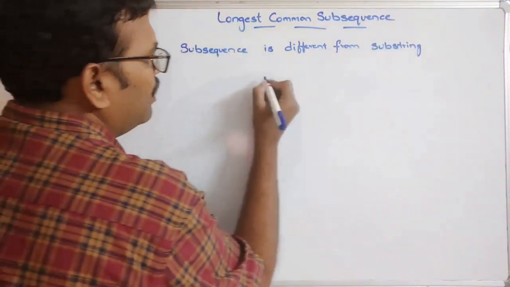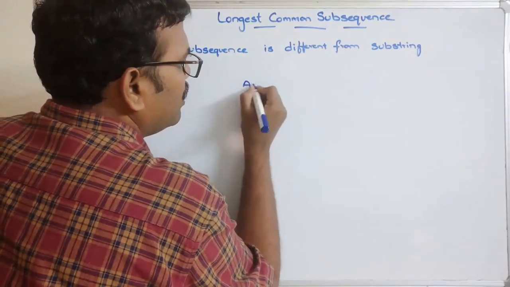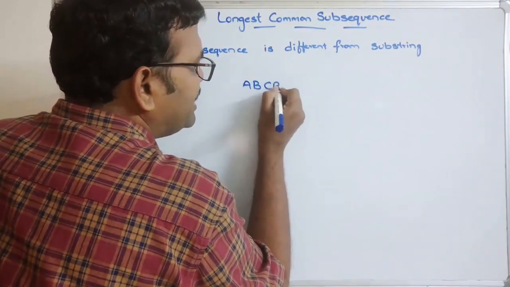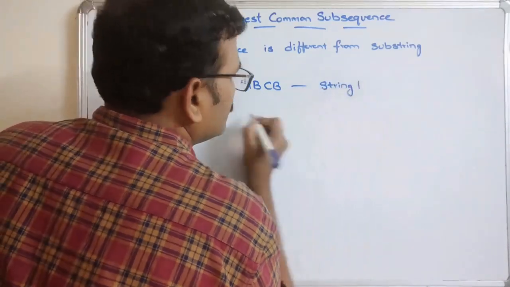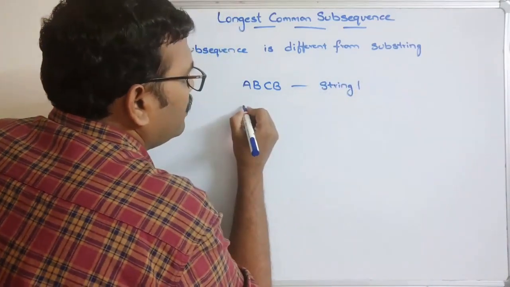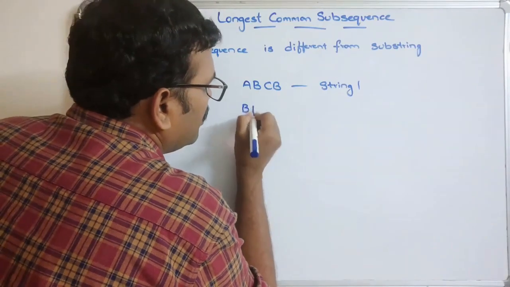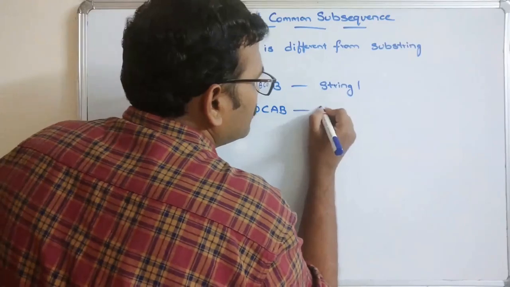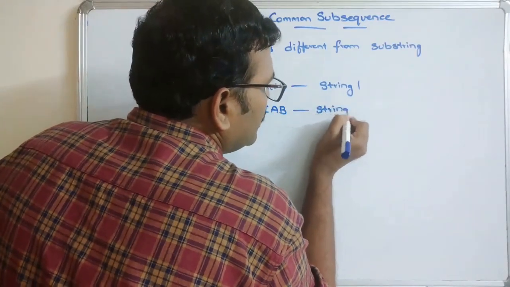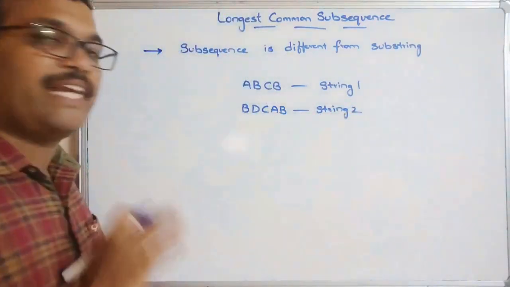For example, let us take ABCB as string 1 and some random letters as string 2. So let us take these 2 strings.